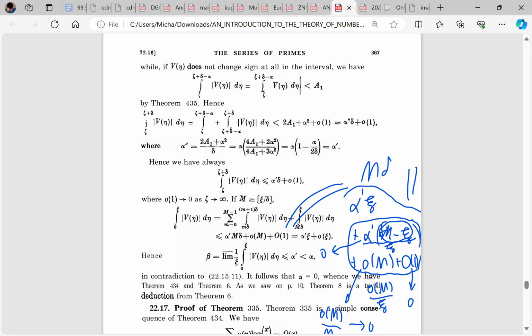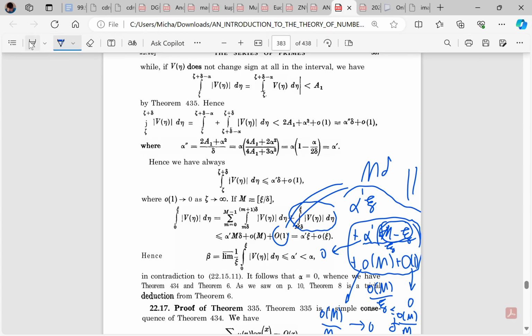So this is less than small o of m on capital M times 1 on delta. And so then the delta is constant, so that goes to 0 as well. Okay, I hope I did that part right, but that part's true. And then capital M times little o of 1 is little o of 1, and I guess we haven't fully checked that this thing is big O of 1.